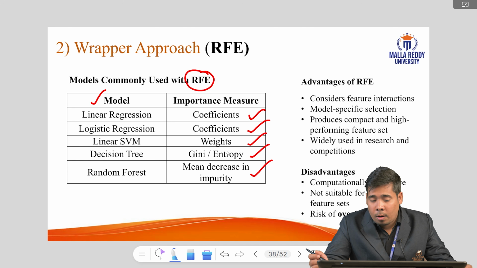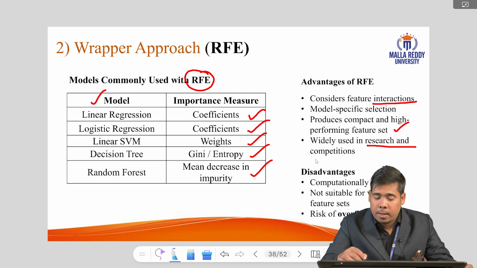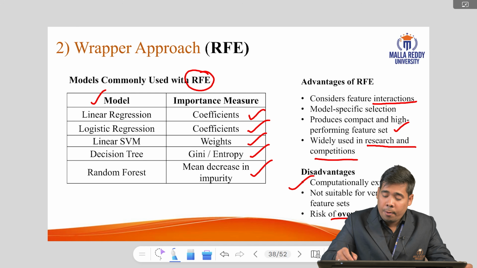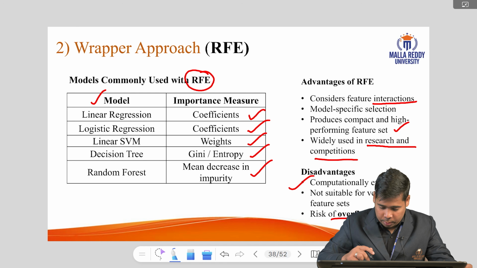The advantage of RFE is we'll consider feature interactions, and it produces a compact and high performance feature set widely used in research and competitions. The disadvantages are that it is computationally very expensive, not suitable for large feature sets, and the risk of overfitting is very high in such approaches.